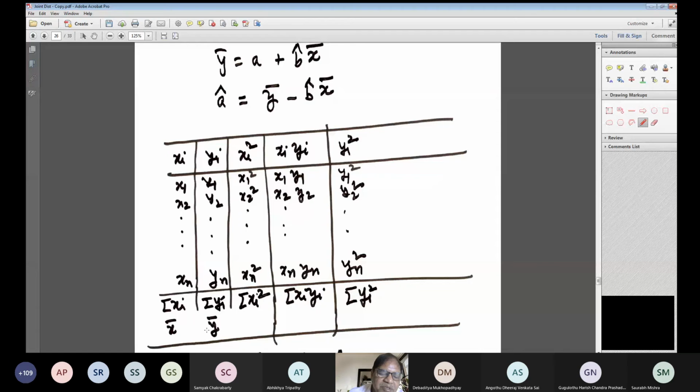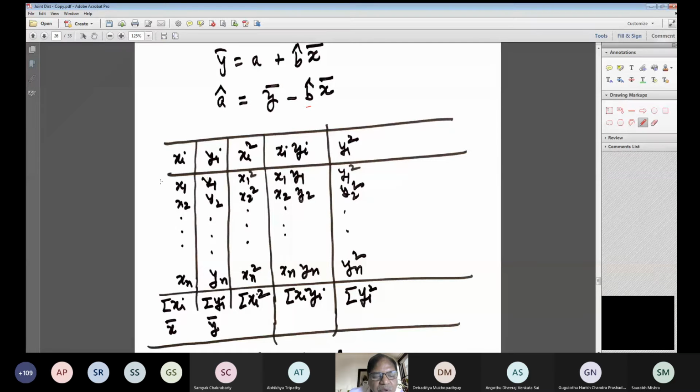Sometimes it is easier if you are doing it by hand or calculator. So you have x i: x1, x2, xn, and y i: y1, y2, yn. If your objective is to find only b, then in that case you need x i square and x i y i. So in one column you compute x1 square, x2 square, xn square.